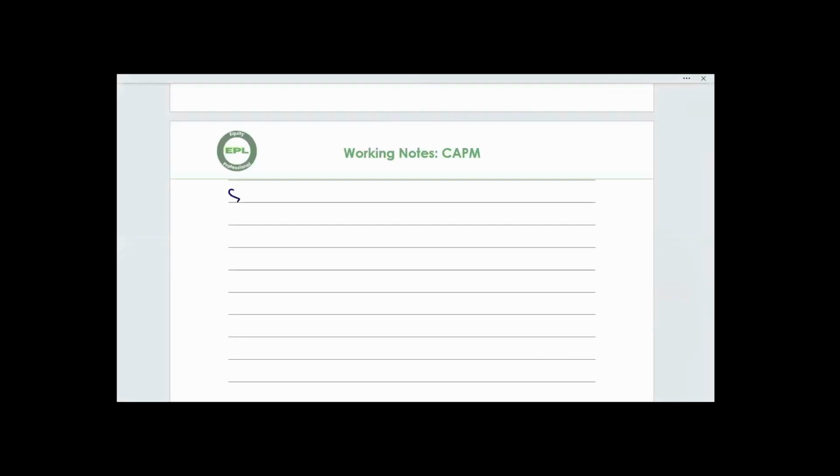So this is the solution to illustration number 8, still on page 100. So the examiner is asking you to calculate the overall beta.